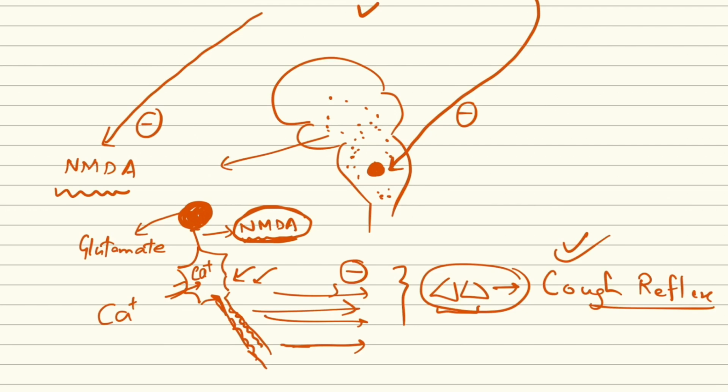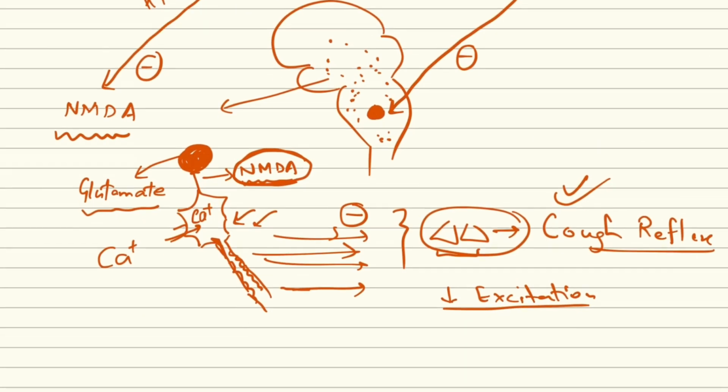However, at high doses of dextromethorphan, these NMDA blockages can lead to decreased excitation of the central nervous system, and as a result the patient can have certain dissociative effects. As we know, dissociative effects are noted with this drug: the patient gets detached from the environment and can also have hallucinations.